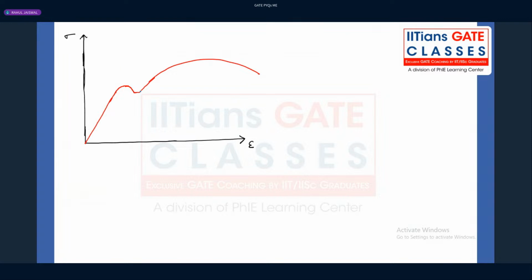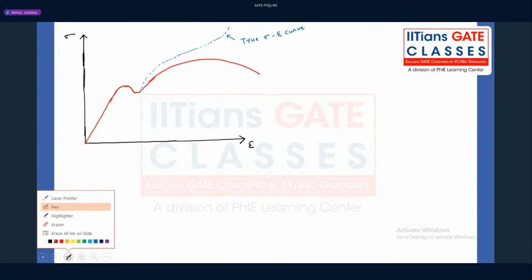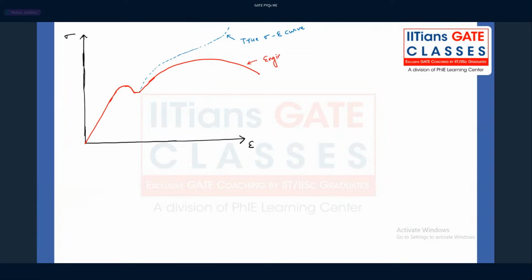Now the other graph I'm drawing here is the true stress-strain curve. And the red color which I have drawn is the engineering stress versus strain curve. We should know the differences between these two because it is very, very important.